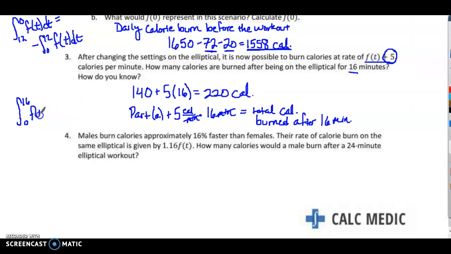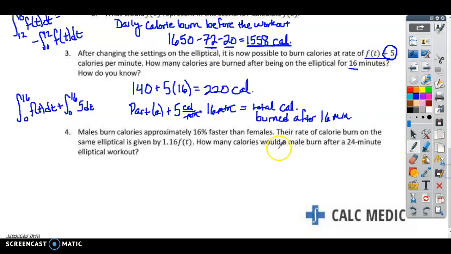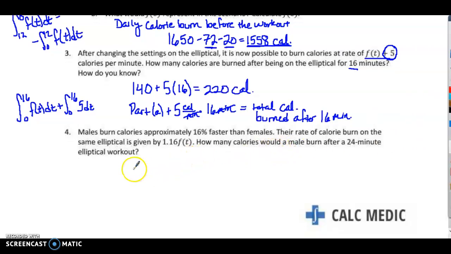So the integral of f of t dt plus the integral from 0 to 16 of 5 dt. We'll discuss this a little bit more later, but we've got our original integral plus this extra 5 added on to each minute. Okay, so our rate of change had changed in those first 16 minutes.